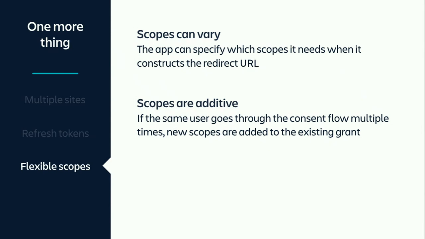If you send the user with just read the first time, you get read, and then if you send them with just write the second time, they still have both read and write. If you want to get rid of all the old scopes, the only way to do it at the moment is for the end user to remove the authorization for that app. But really, I guess that's more of an edge case.